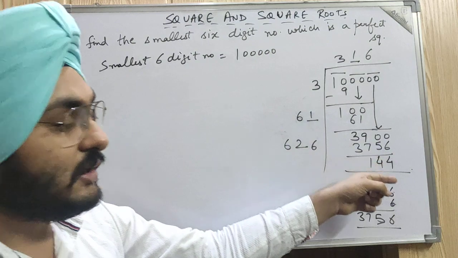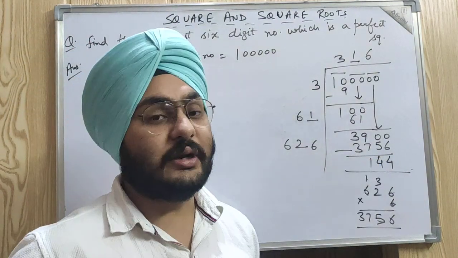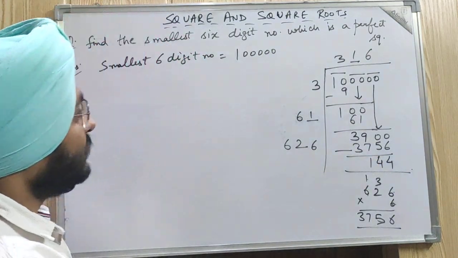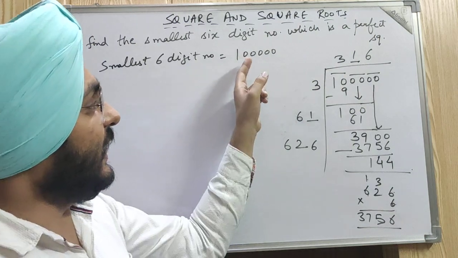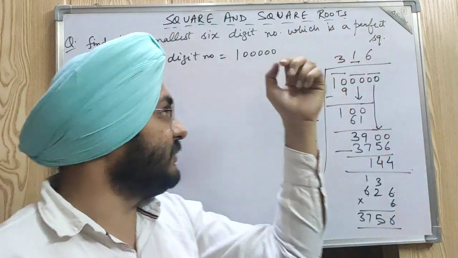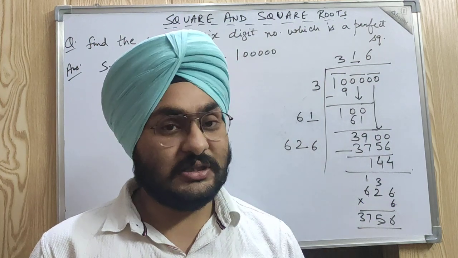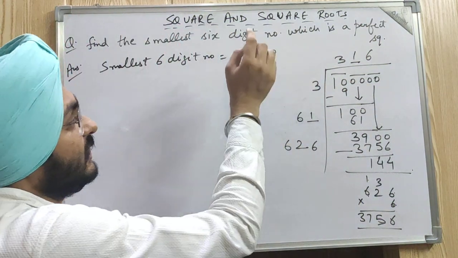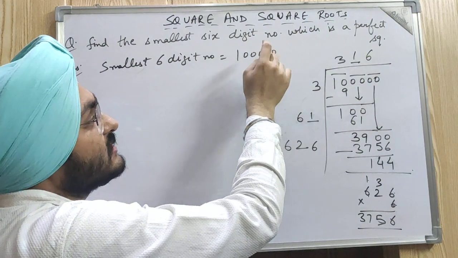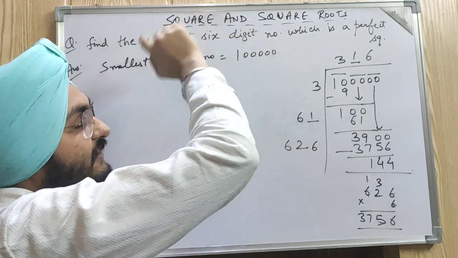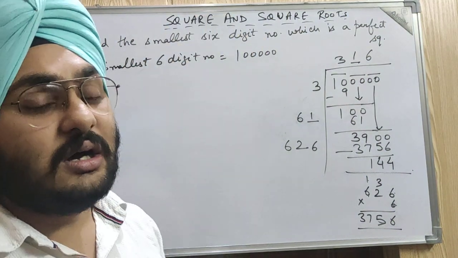So on subtracting, what will we get? 144. So now, if I subtract something from this 6-digit number, it will become a 5-digit number. I am again saying the same thing. If I subtract something from this number, I will get a 5-digit number.